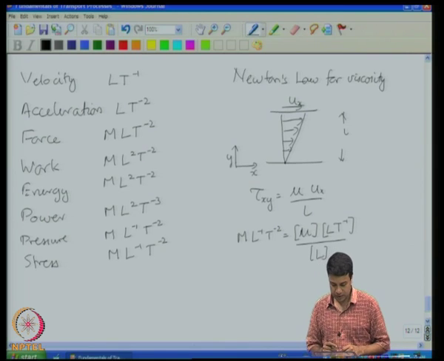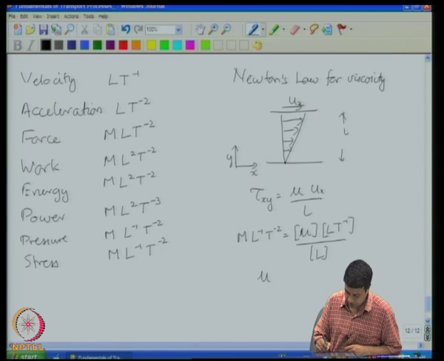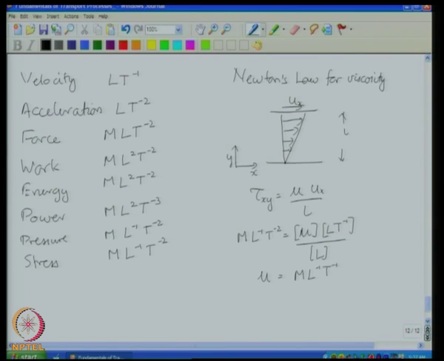So, from this one can easily see that viscosity has dimensions of m L inverse t inverse. So, from the expression for the stress, we know the dimensions of the stress itself, we know the dimensions of velocity and distance. From that, we have got the dimensions of viscosity.